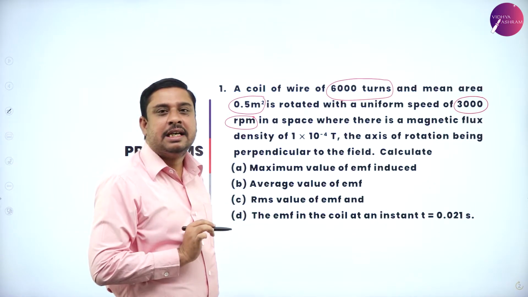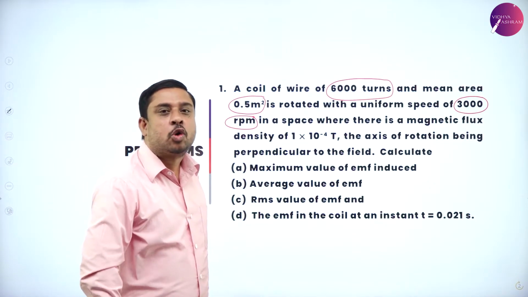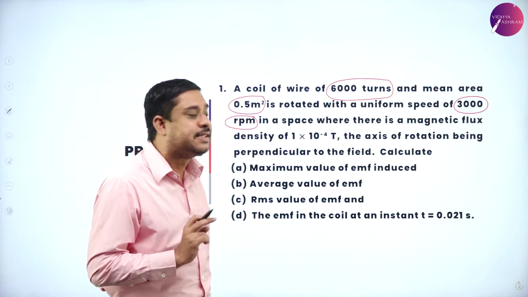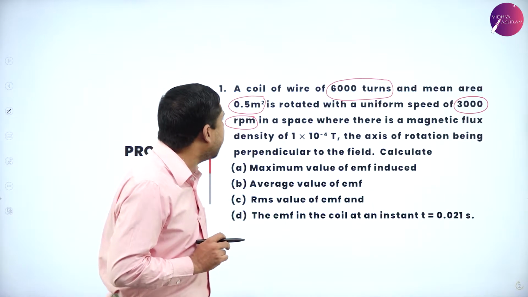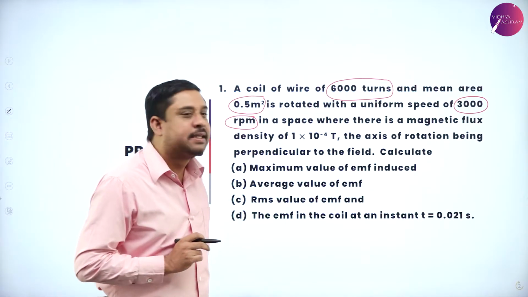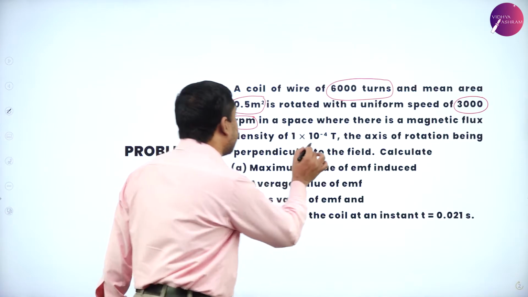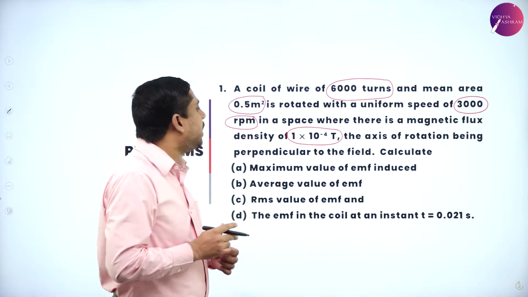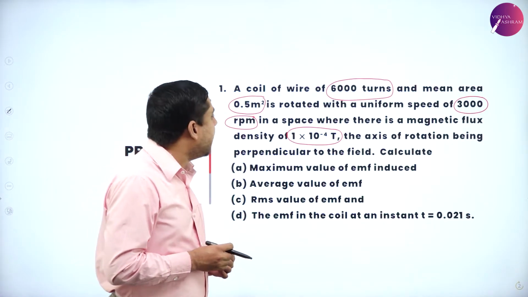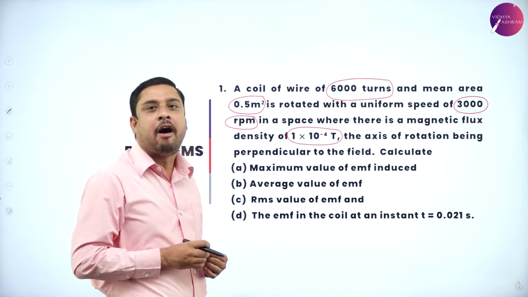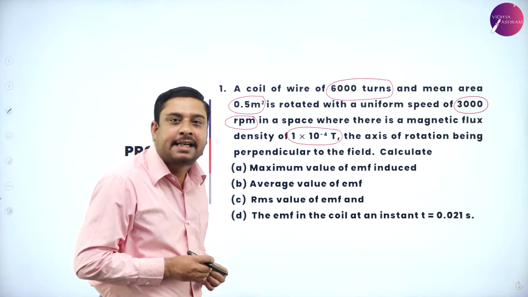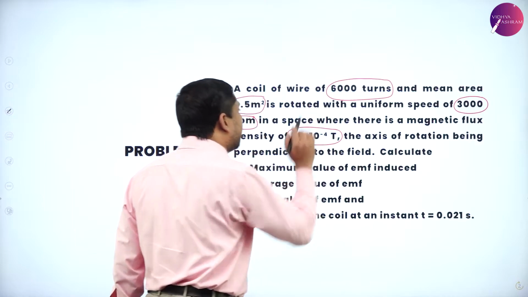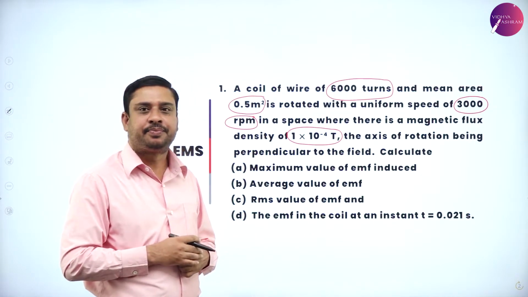See, 3000 rotations per minute, not seconds, in a space where the magnetic flux density is 1 into 10 power minus 4 Tesla. The axis of rotation being perpendicular to the field.